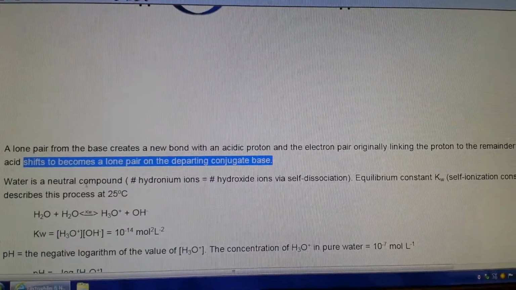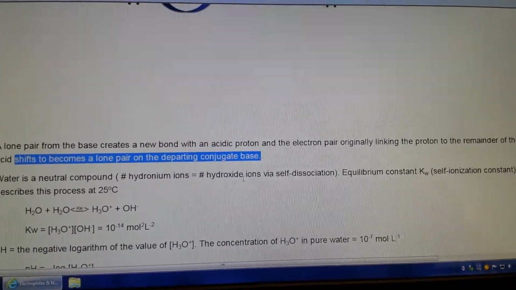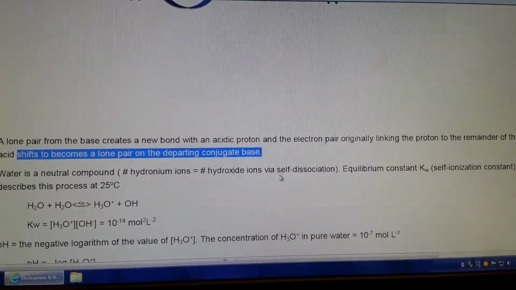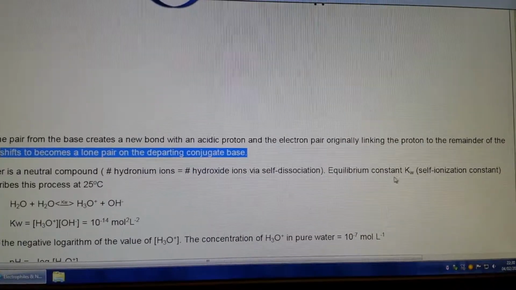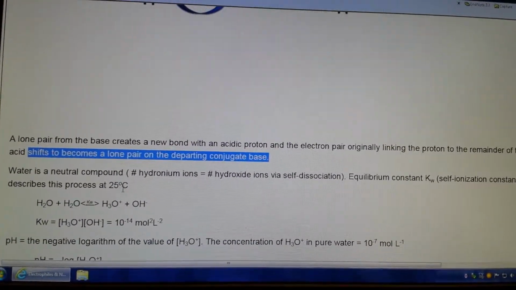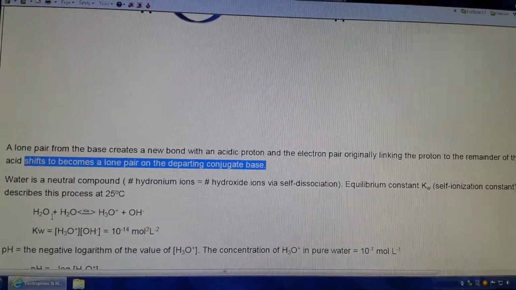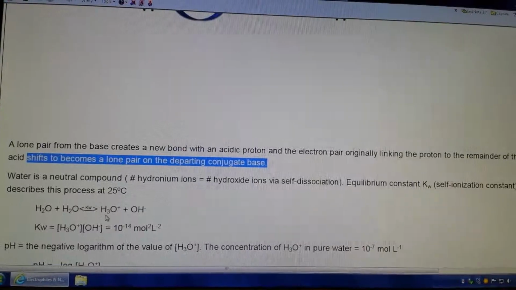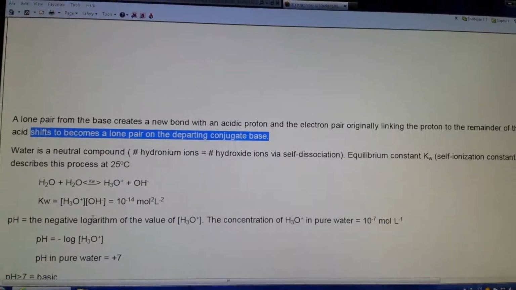Whereas water is a neutral compound, where hydrogen ion concentration equals hydroxide ion concentration, that is called neutral. Self-dissociation has an equilibrium constant, Kw, the self-ionization constant, which describes the process at 25 degrees centigrade. If you see 2 water molecules, Kw is the hydronium ion times OH-. How much is the value?